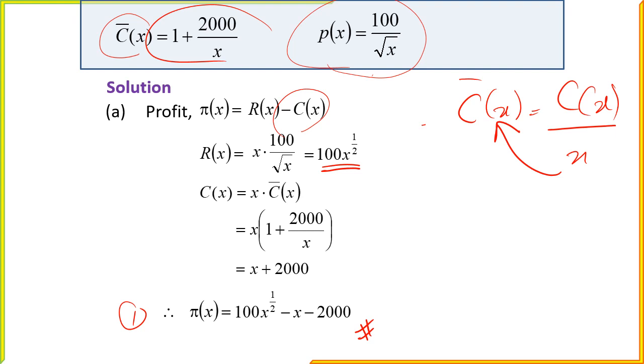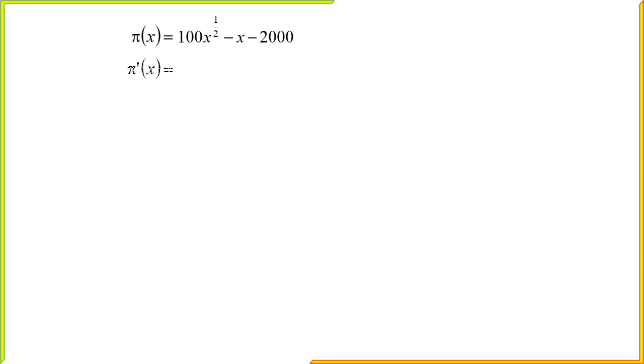To find the quantity or the units that we need to sell in order to ensure maximum profit, the second step is to find the derivative of the profit function, pi prime. Differentiating 100 x to the power of 1 over 2, it will be 1 over 2 multiplied by 100, which is 50, x to the power of negative 1 over 2.